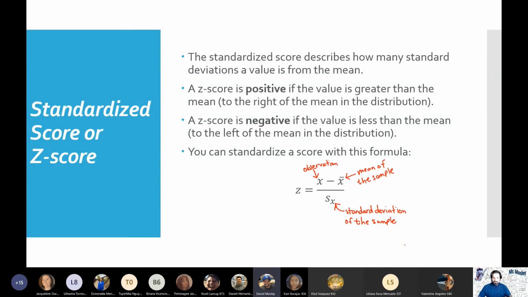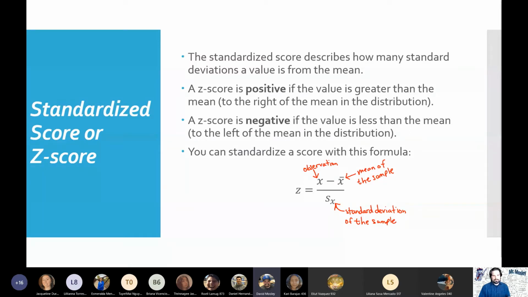If we had all of the data from a population, we would have to use different notation. The same formula, but we would replace x bar and s sub x with the variables that represent the mean of the population and the standard deviation of the population.